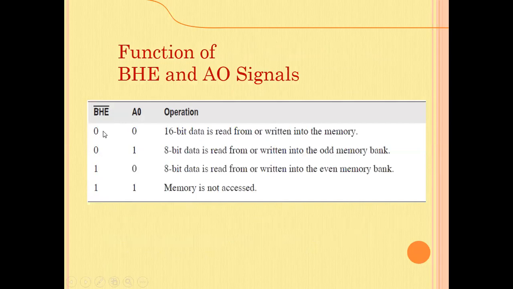And when BHE bar is 0, you can access data from the odd bank. When both are 0, you can access both. In this way, you can access either odd byte data, even byte data, or both, because the physical memory is divided into odd bank and even bank.